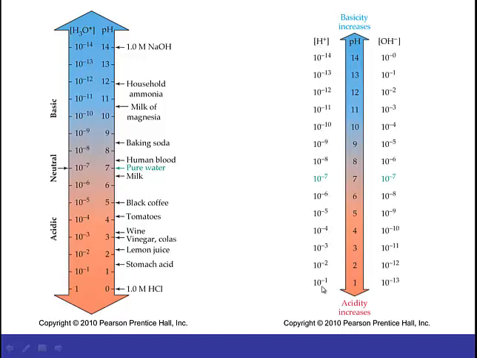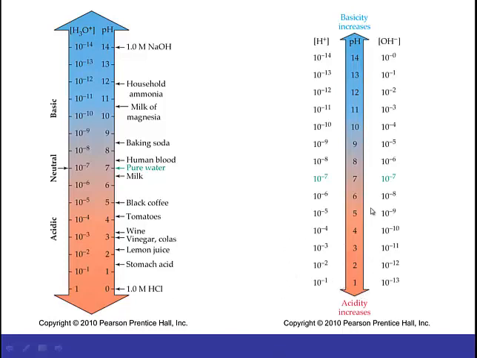Because 10 to the minus 1 just moves the decimal place back 1. 10 to the minus 14 is going to move that decimal place back 14. So it's going to be 0.000000 all the way out to 14. Very small number, versus a much larger number. So our pH scale is just changing this logarithmic scale here to a single number system, so it's easier for us to work with and easier to look at.